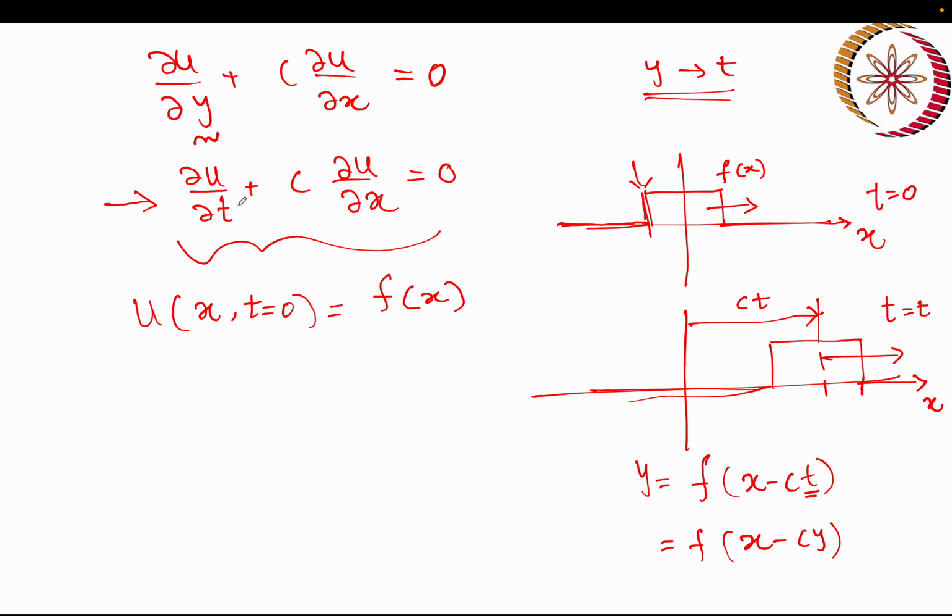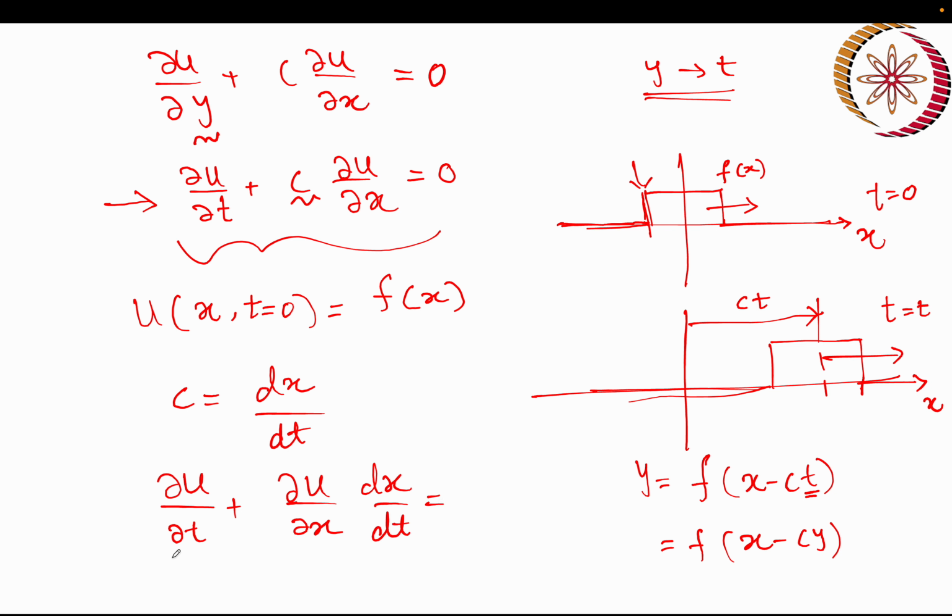So what we will do is, in order to convert this into the total derivative, if we use c equal to dx/dt, you can see that what we will get is ∂u/∂t plus ∂u/∂x times dx/dt. So this is nothing but the total derivative of u with respect to time, and that is 0, because this is already given to be 0.